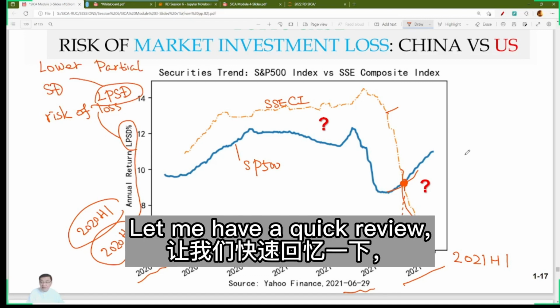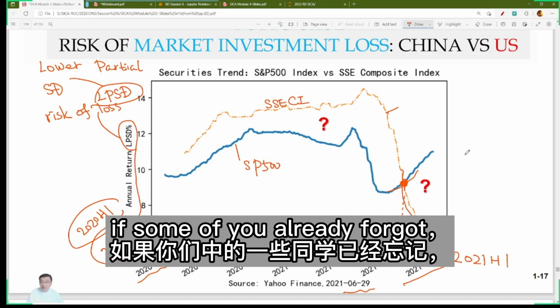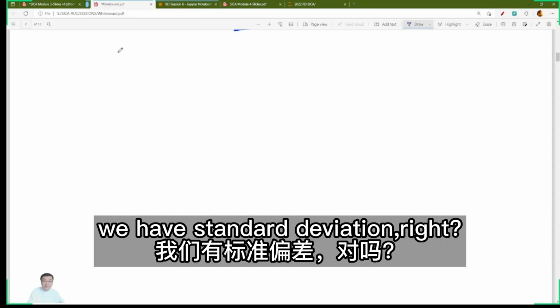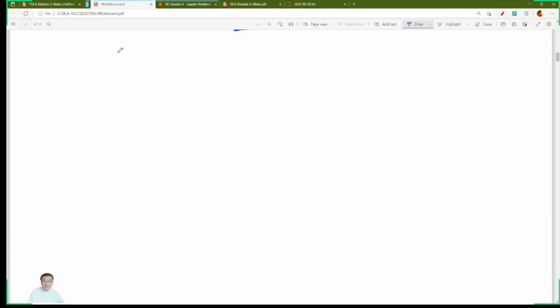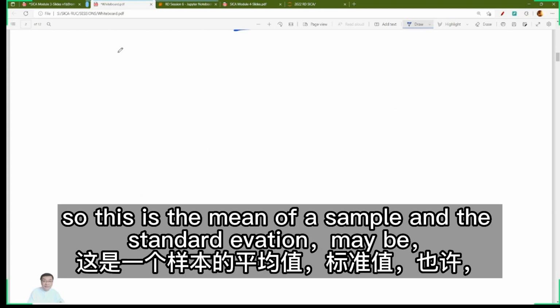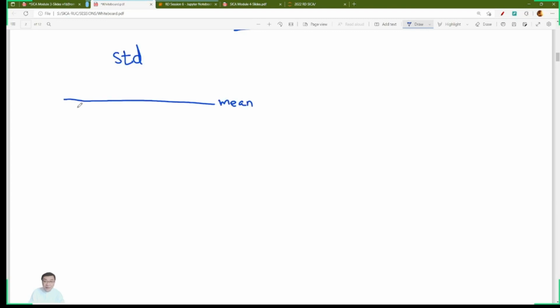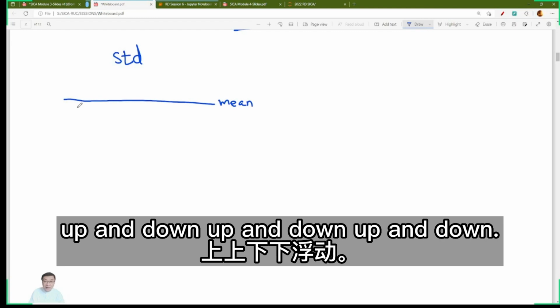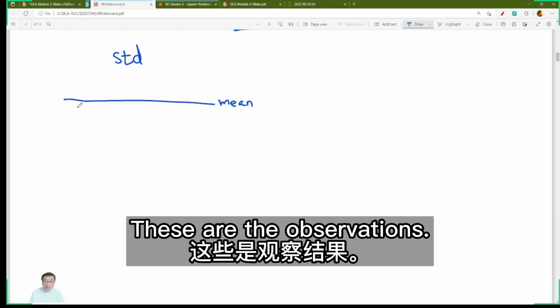Let me have a quick review. I believe some of you already forgot. Okay, we have standard deviation, right? So this is the mean of a sample, and the standard deviation may be up and down, up and down. These are the observations.